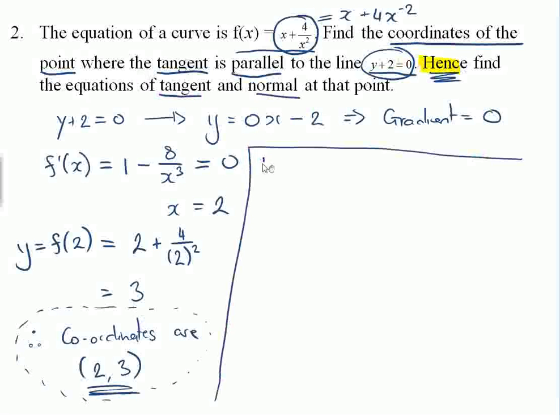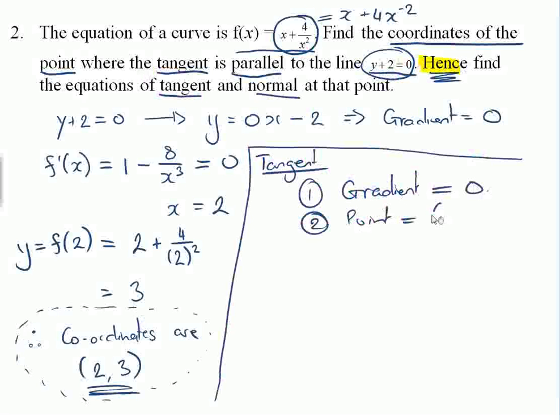Firstly, let's look at the tangent. What do we need to find the tangent? We need two things. Firstly, we're going to need the gradient. But we've got the gradient of the tangent, right? The tangent is parallel to this line, and this line has a gradient of 0. So that's easy enough. Then the other thing we need is a point, and this is where our hence comes in, because we know this line passes through (2, 3).